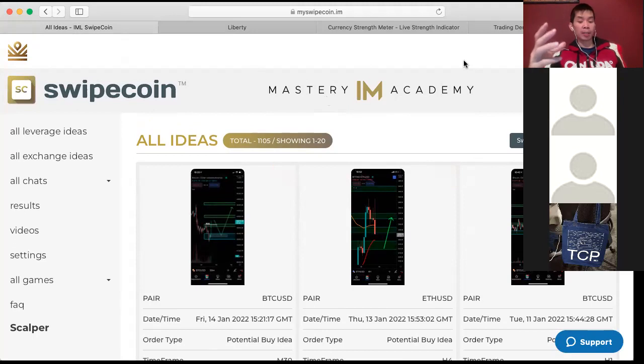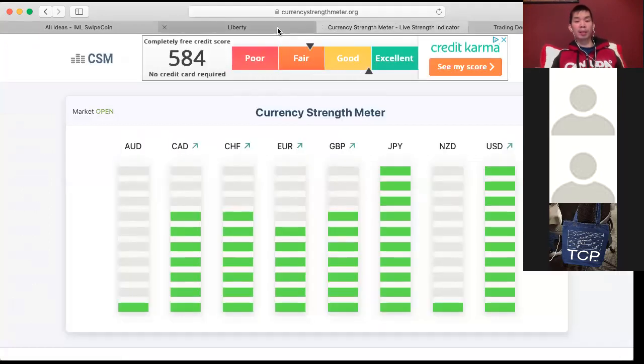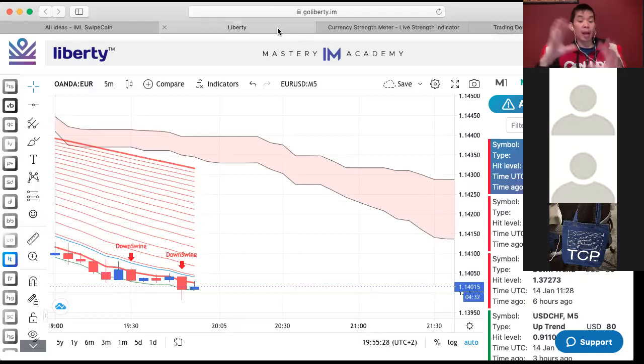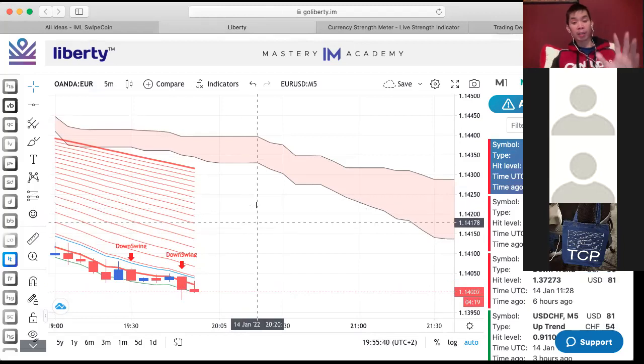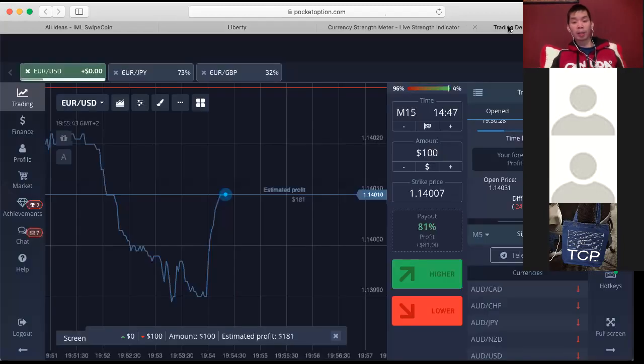The first thing I always do is Forex Factory, the currency strength meter, and then I go into Liberty because I have access to all 3 academies. So here's the advantage to our team, right? Everyone's going to get access to the DCX, which is what we're looking at next, but also Liberty, which is HFX.